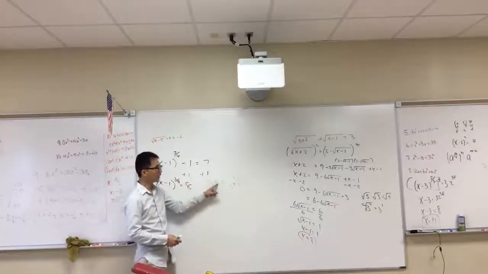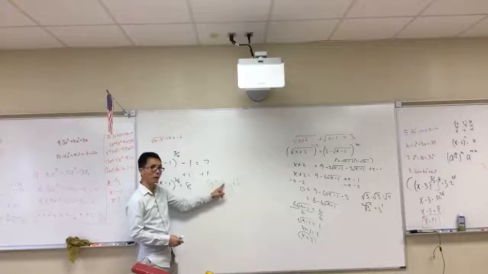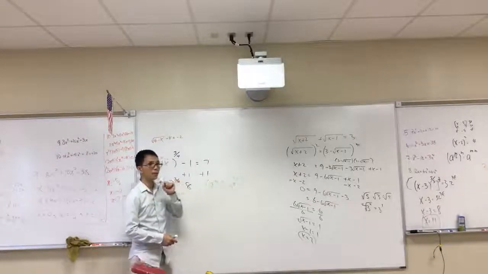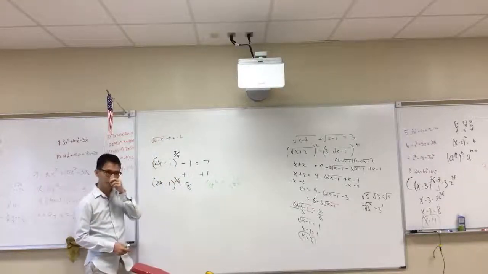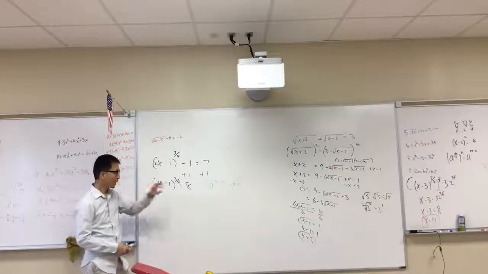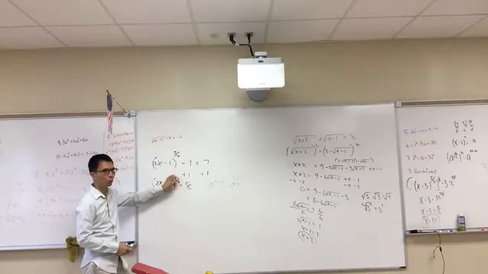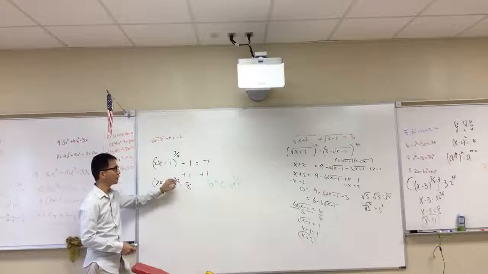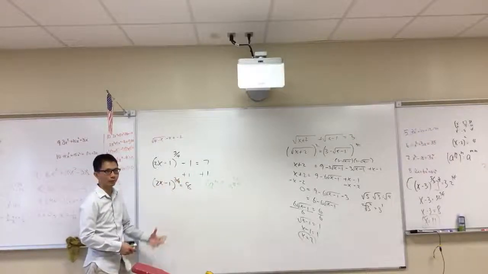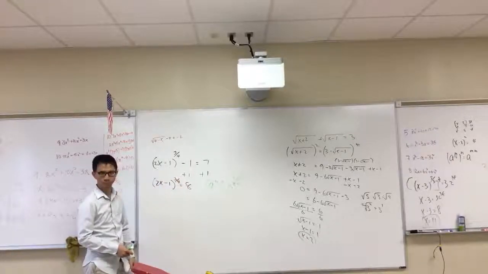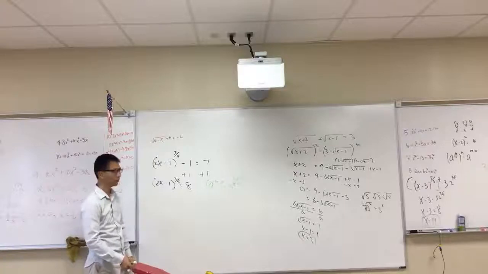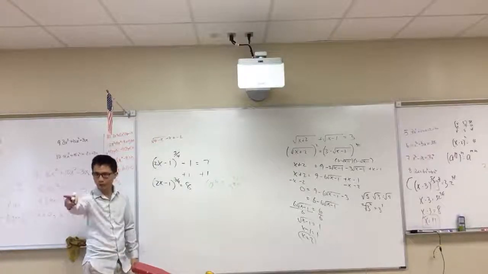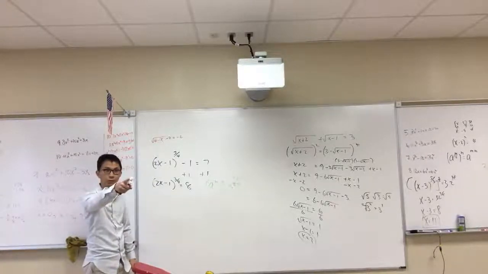And use this idea, a to the n power, n times n, so it'd be 1. How do I get rid of 3 over 4? What number do I multiply with 3 over 4 to make it 1?